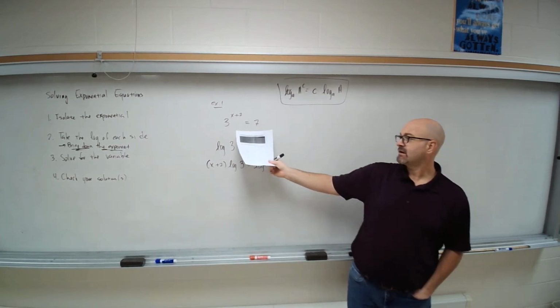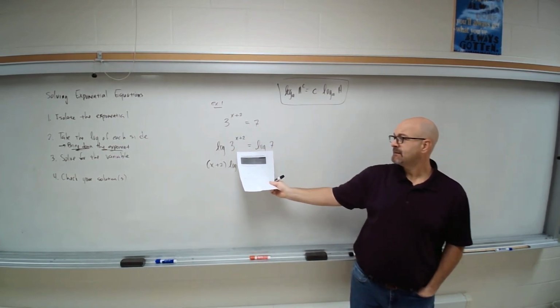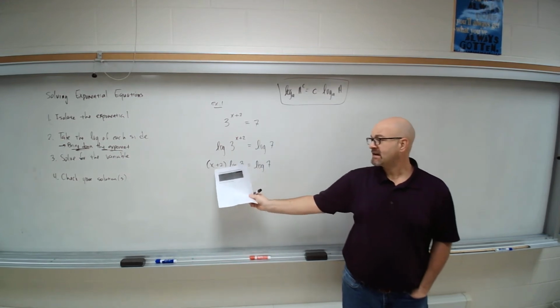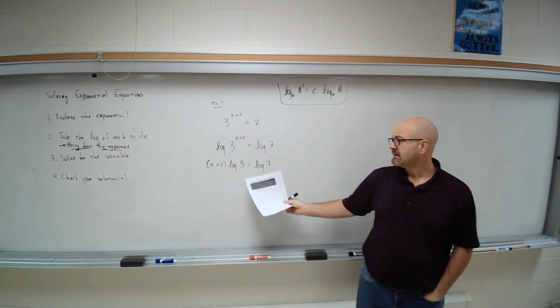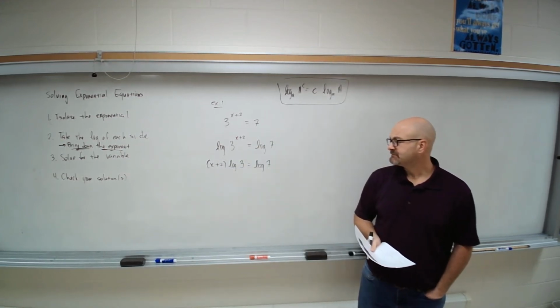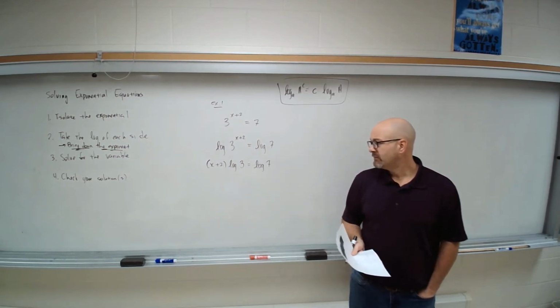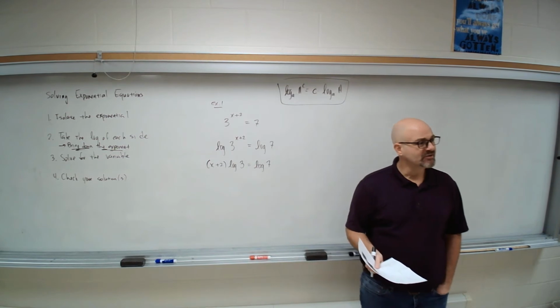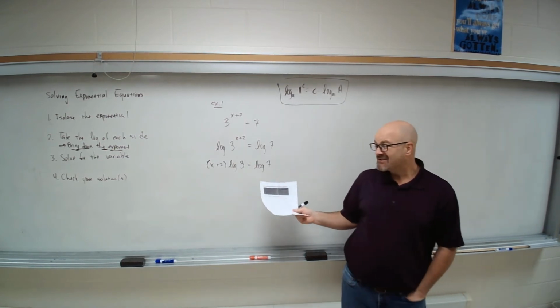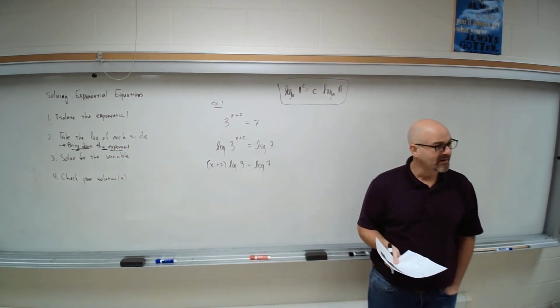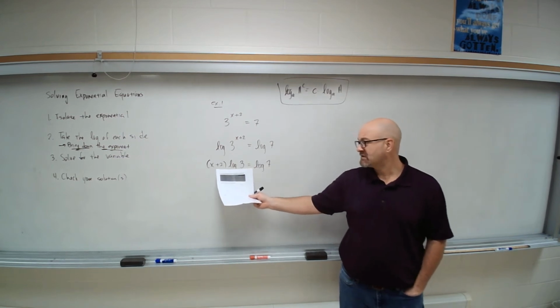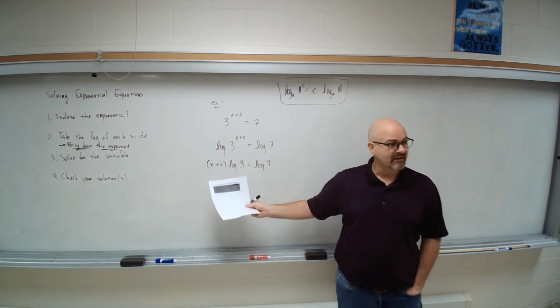Again, I took the common log of both sides and used our property to pull the exponent out in front. From here, what we want to solve for is x plus 2. You could distribute there, but I would not recommend doing it. I would just at this point take both sides and divide by the common log of 3.